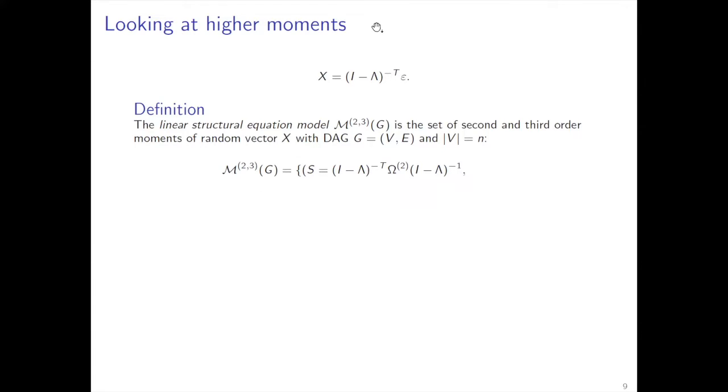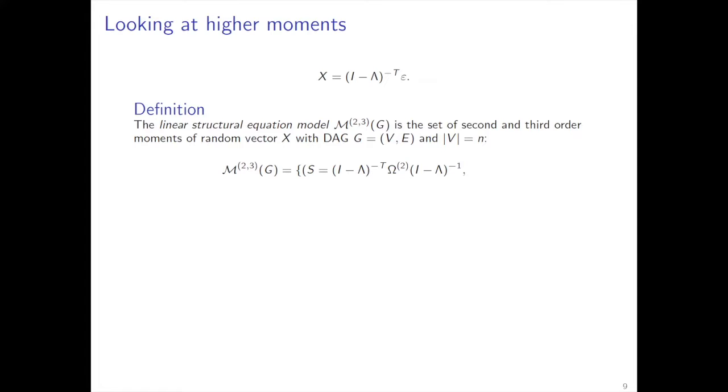And because X is I minus lambda inverse transpose epsilon, then the covariance of X will be I minus lambda inverse transpose times the covariance of epsilon times I minus lambda inverse. It's just by linearity. And this omega2, the covariance of epsilon, is diagonal. So our covariance factorizes: we have a diagonal and then these two on the sides. So it has lambda in it.